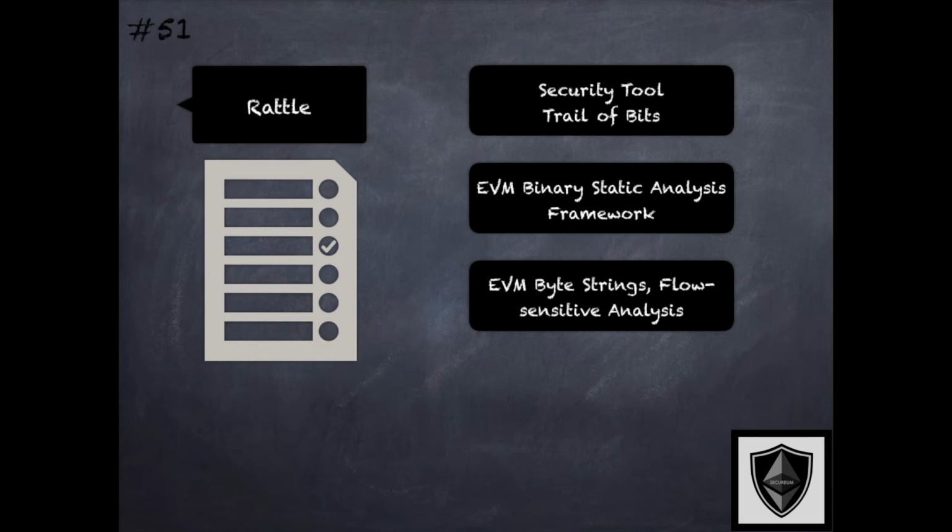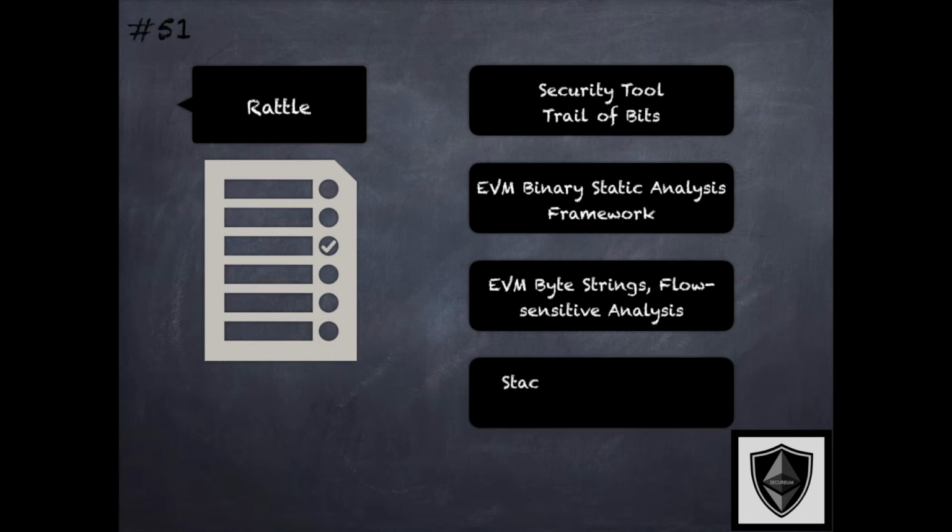Rattle further converts the control flow graph into a static single assignment form, or SSA form, with infinite registers and optimizes this SSA by removing stack instructions of dupes, swaps, pushes, and pops. Recall that EVM is a stack-based machine, and so there are typically many such stack instructions in the bytecode as operands are pushed onto the stack and results are popped.